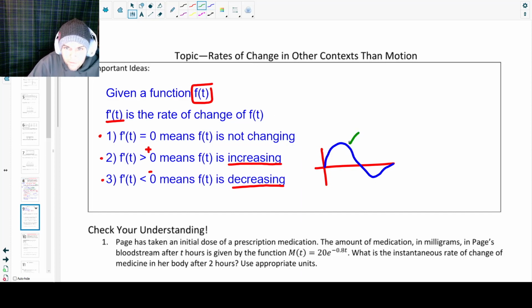In this region, we had positive h of t values, so we had a positive rate of change. And then down here on this part of the graph, we had negative h of t values, so we knew that it was decreasing. Whereas right in this middle section, where the value was 0, that was representing no change. Just trying to re-establish that in the context that we just talked about.